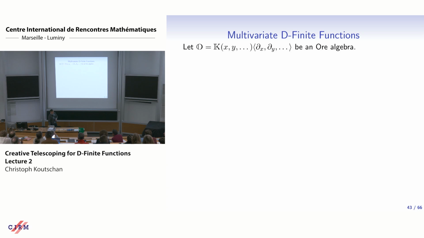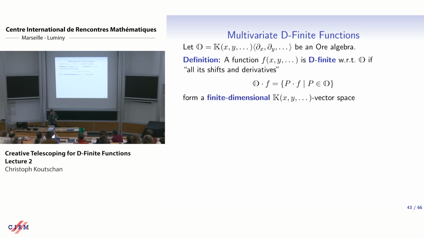Okay, so now let's formulate the D-finiteness in this algebraic setting. We fix an Ore algebra and the function f. And now we can say this function f is D-finite with respect to that given algebra if the set, so this is somehow mimicking the definition that I had on the two slides before.